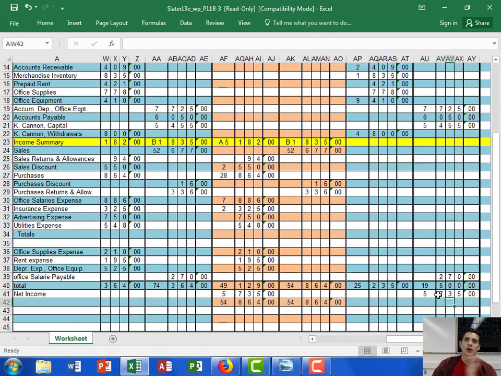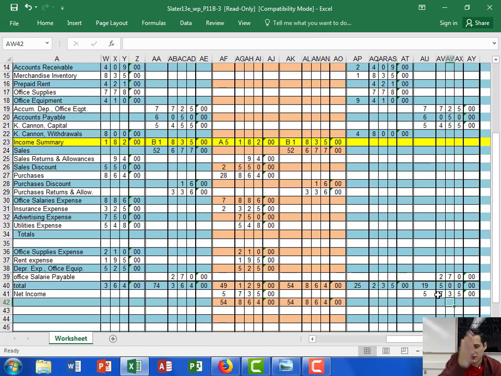Now, a quick refresher on why that happens is because every single financial statement needs each other. The income statement lives because the statement of owner's equity needs it. The balance sheet lives only because the statement of owner's equity is needed because of them.